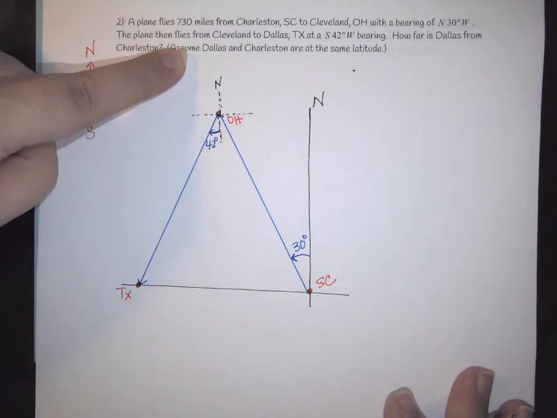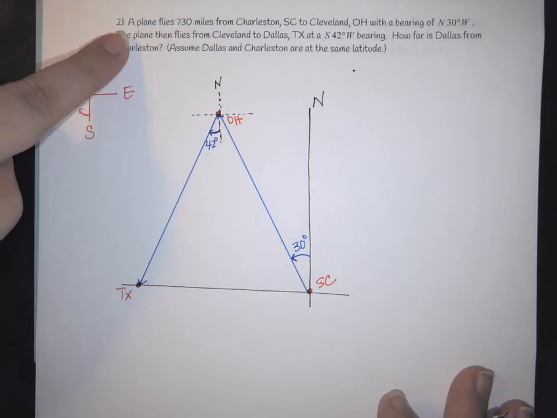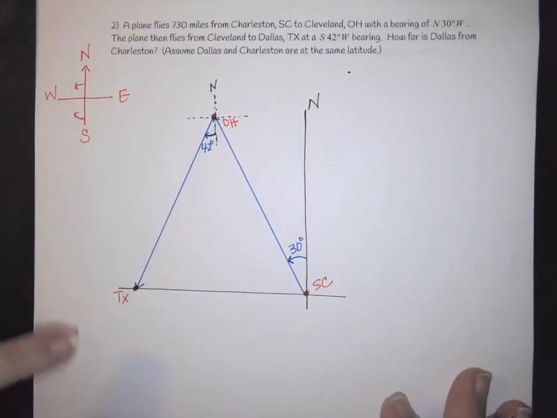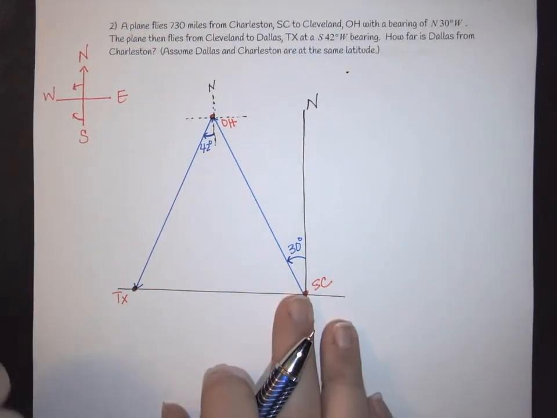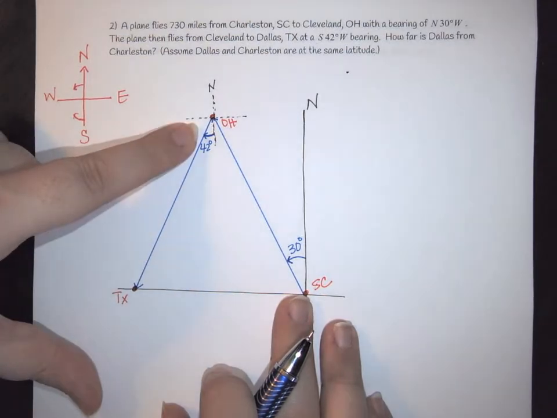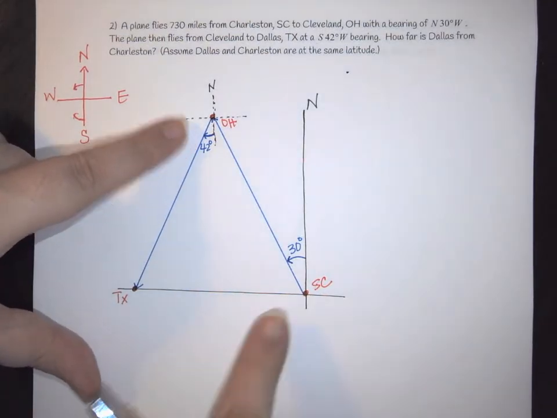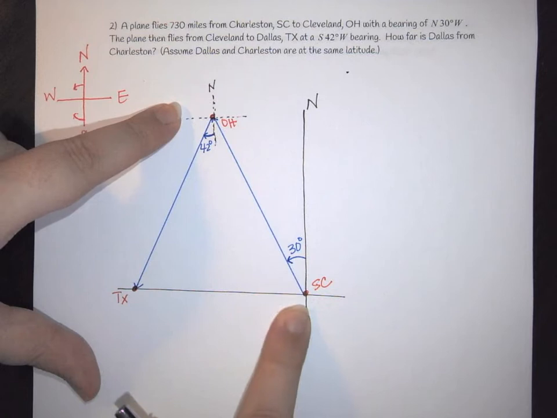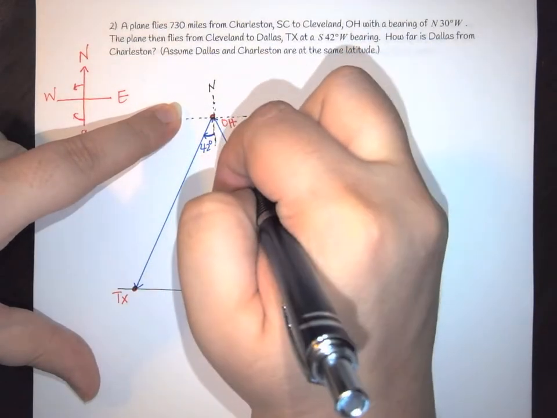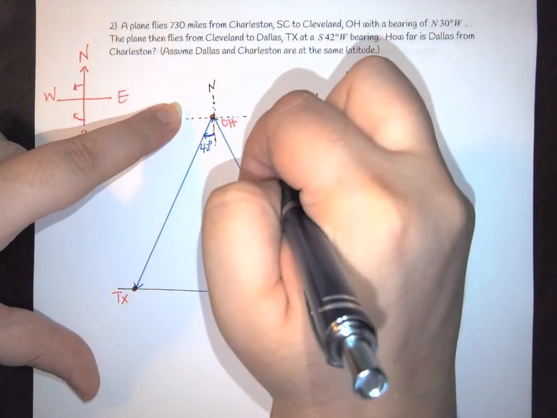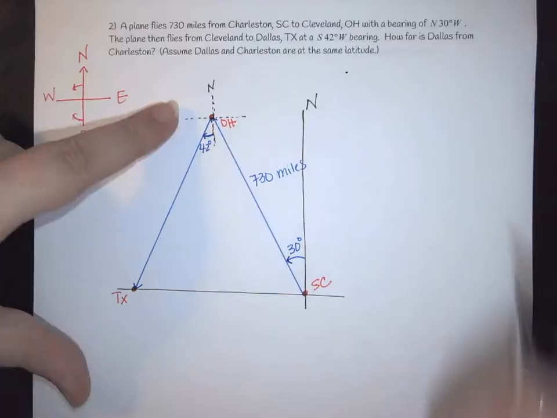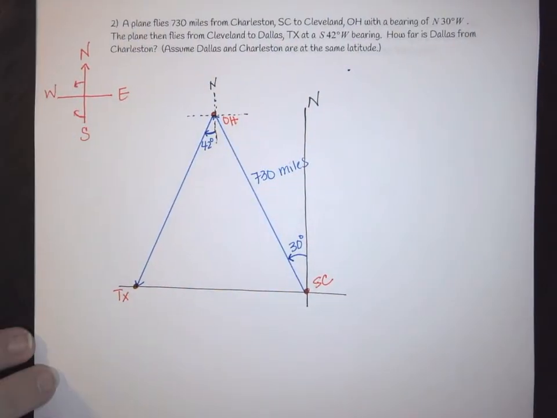The only other thing that we have is that we know the plane is going to fly 730 miles from Charleston, South Carolina to Ohio. So we know that this line right here is going to be 730 miles. Okay, that's everything we know.